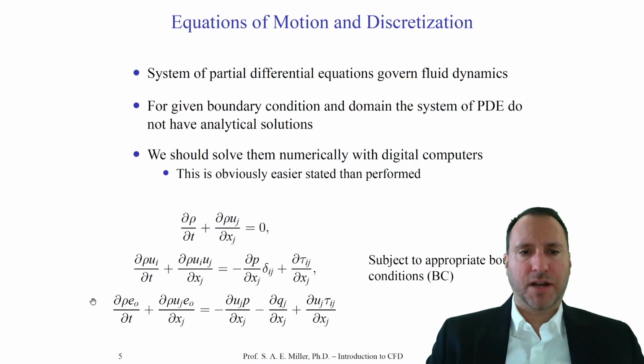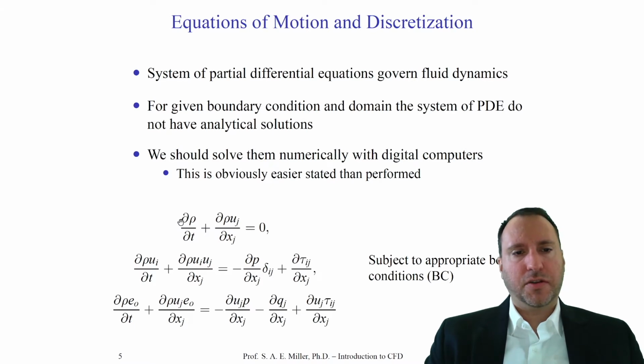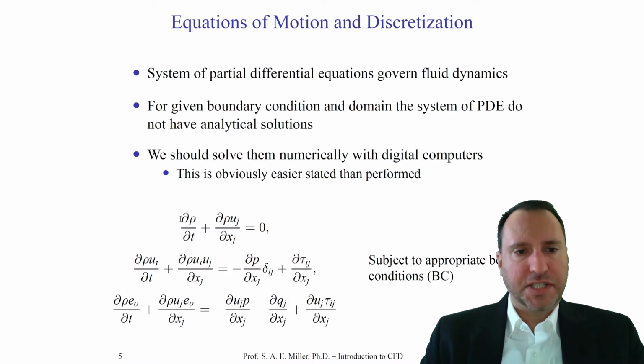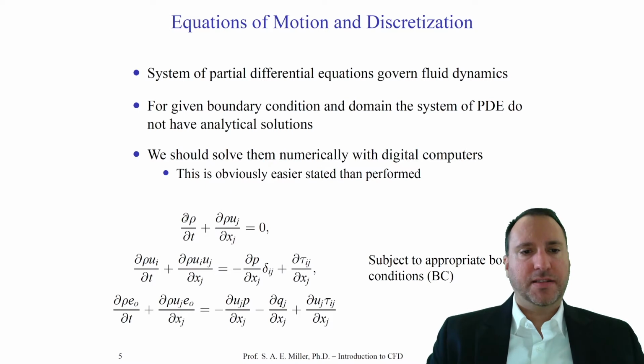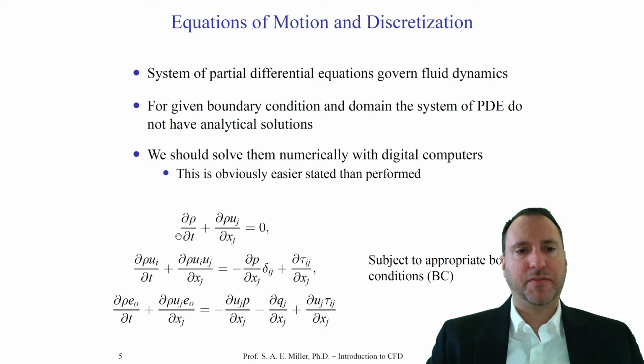Now let's just remind you, I hope, of the notation of these equations. So these little first symbols here are partial symbols, and that means it's the partial derivative of this variable rho with respect to time. So that's just the derivative of rho with respect to time, plus the partial derivative of rho times u with respect to x.